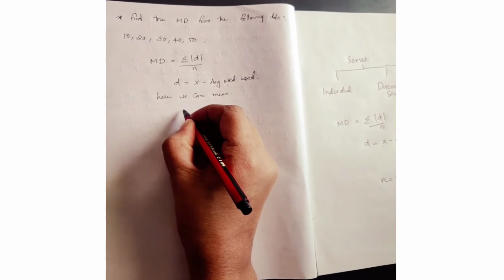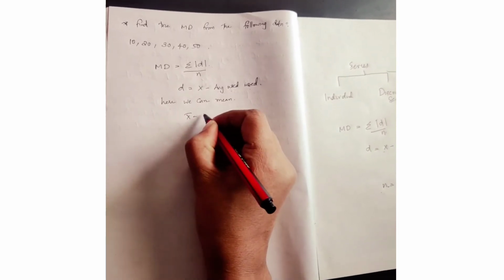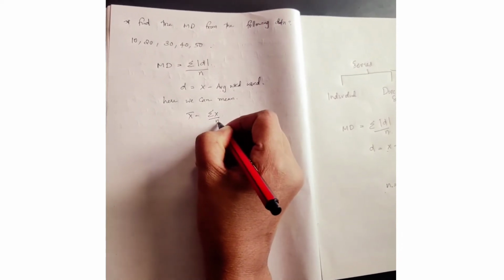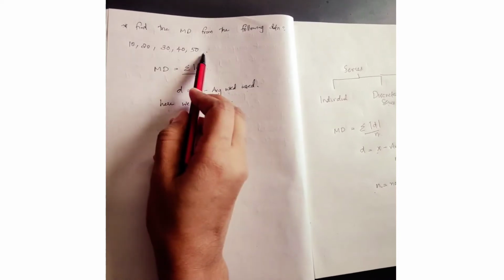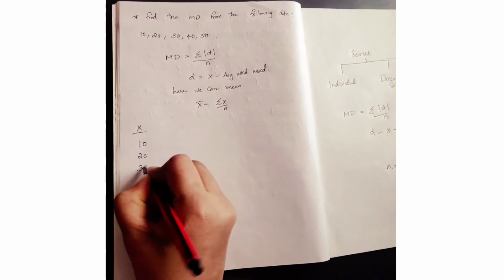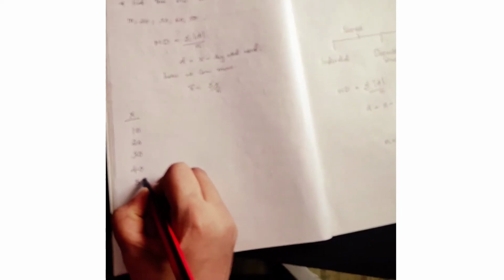How can we calculate mean? In case of individual series, x bar equals sigma x by n. So we should find sigma x. Here the x values are given as 10, 20, 30, 40, then 50.